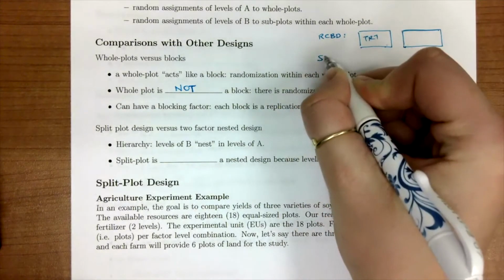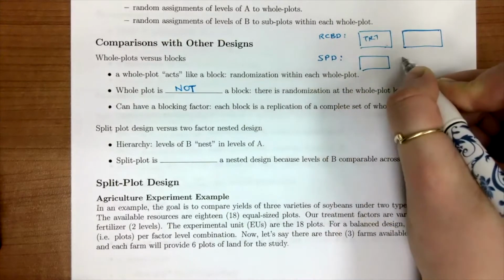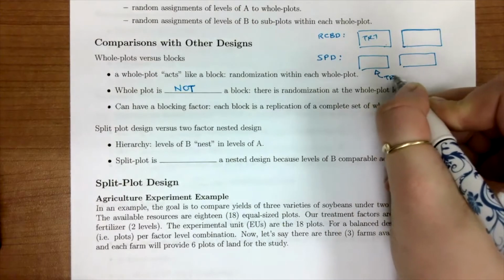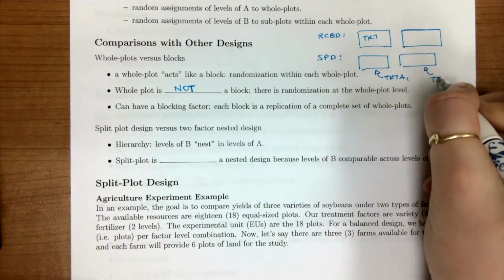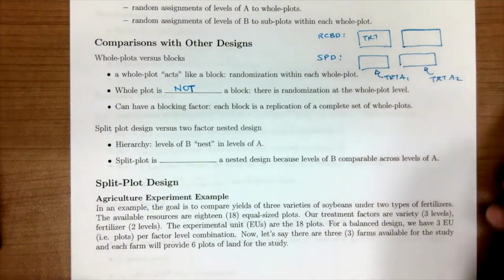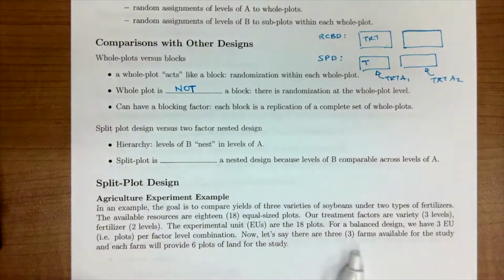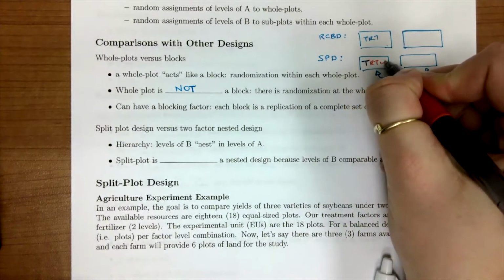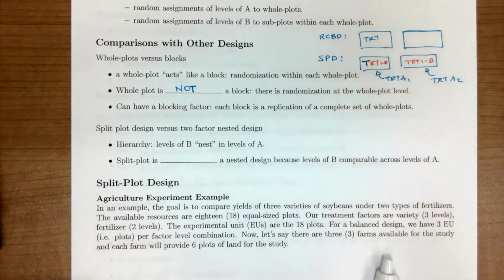In a split plot design, we have a whole plot in which we're applying a treatment, maybe A1, and a treatment, maybe A2, and then within it, we apply a second treatment, B1 through B. So that's how they're different.